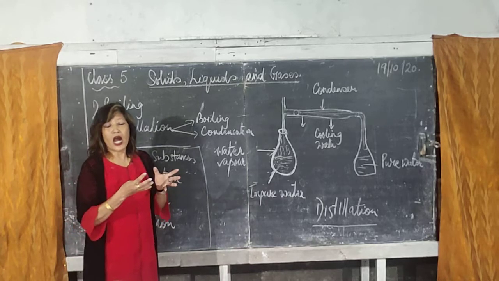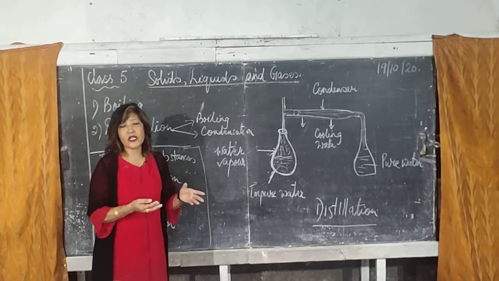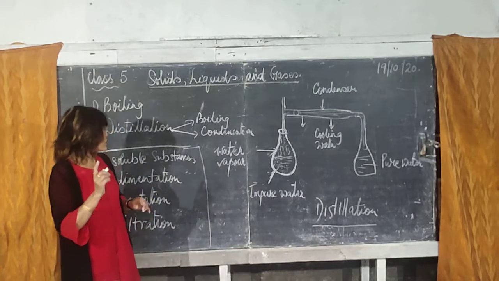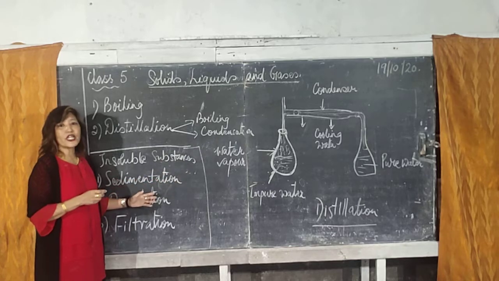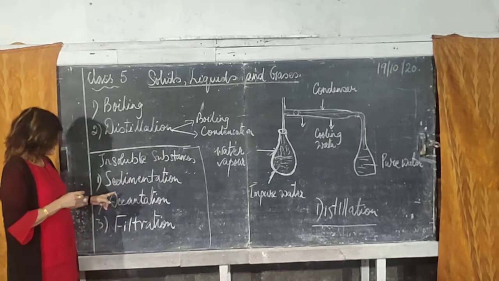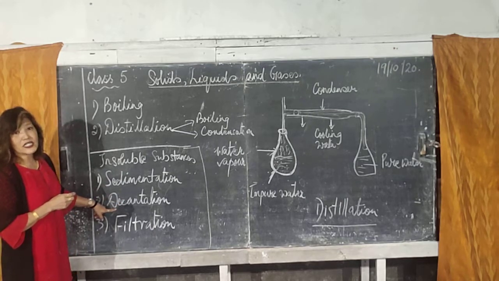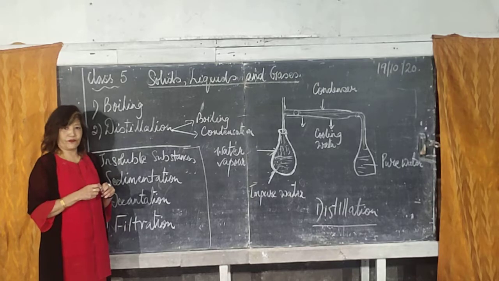So how can you separate these insoluble substances from a liquid? That is the second method which we are going to discuss. To separate the insoluble substances from a liquid, there are three methods: one is sedimentation, second is decantation, and the third is filtration.